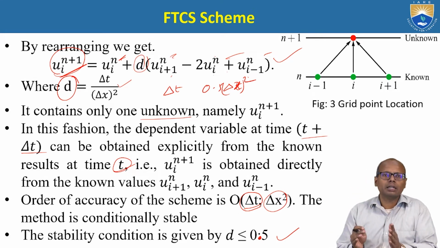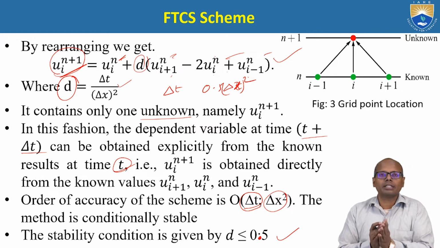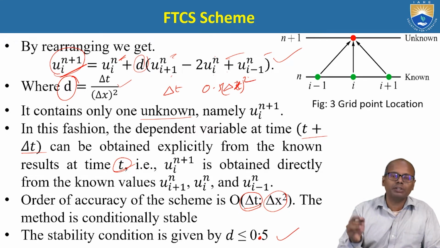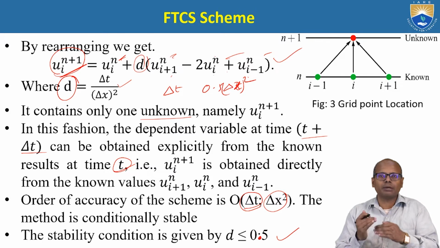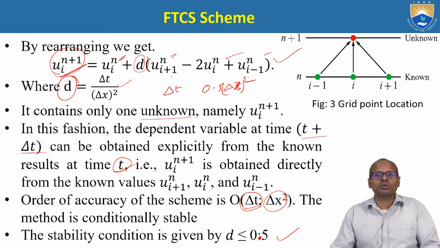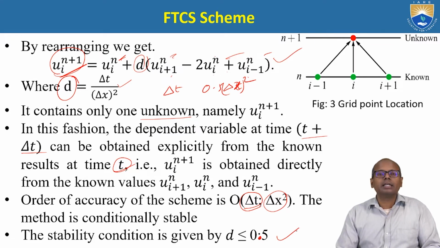Now how should the increment in time be? It should be the square of delta x, so it is very small. The time difference between two successive time steps must be very small, so that this FTCS is stable.